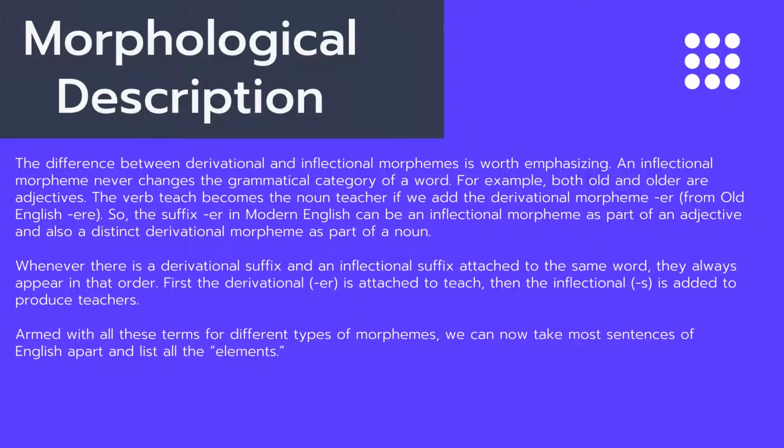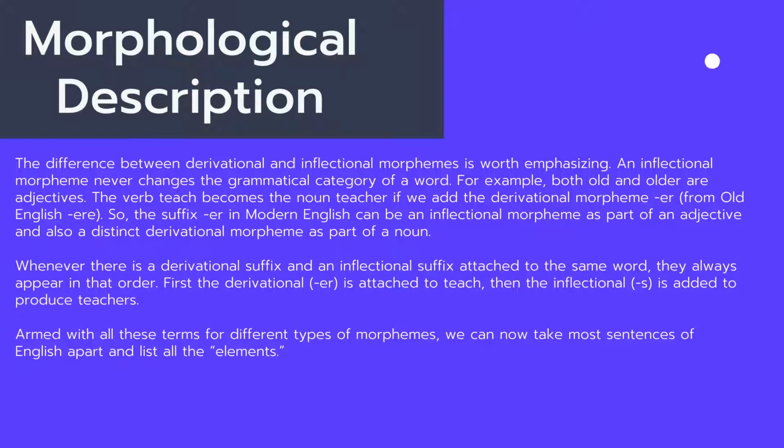Morphological description. The difference between derivational and inflectional morphemes is worth emphasizing. An inflectional morpheme never changes the grammatical category of a word. For example, both old and older are adjectives.